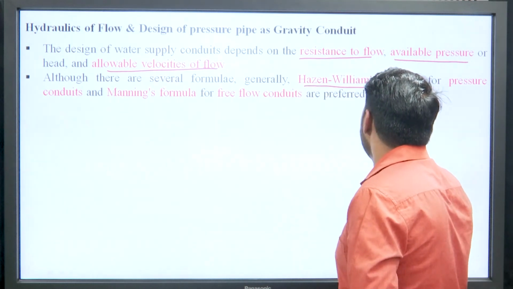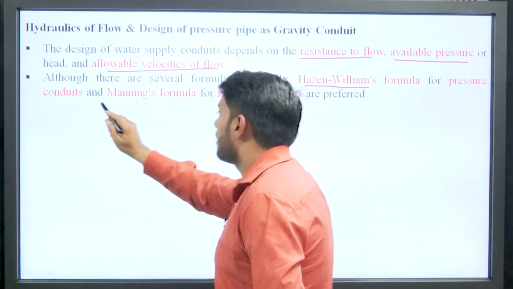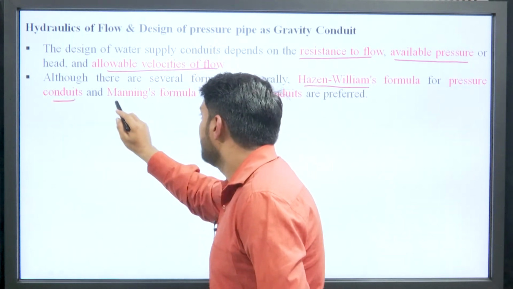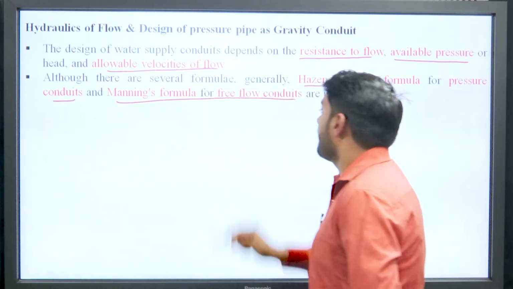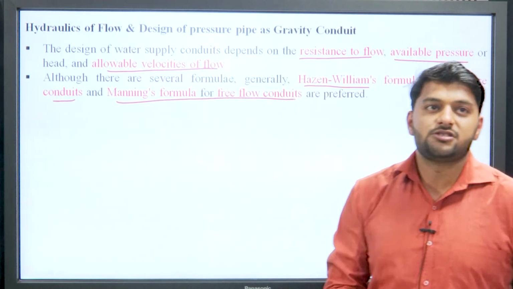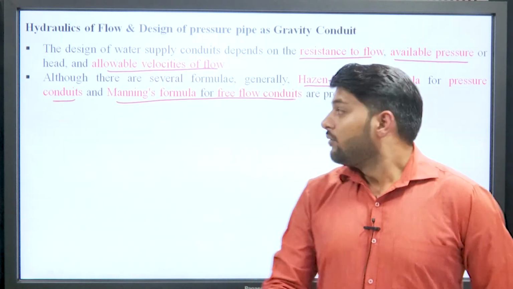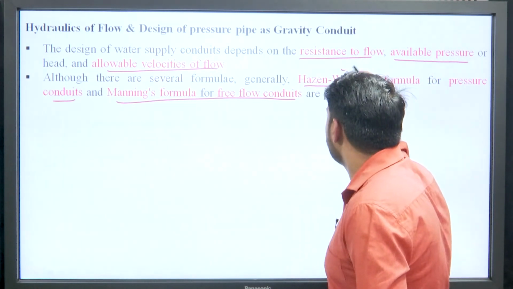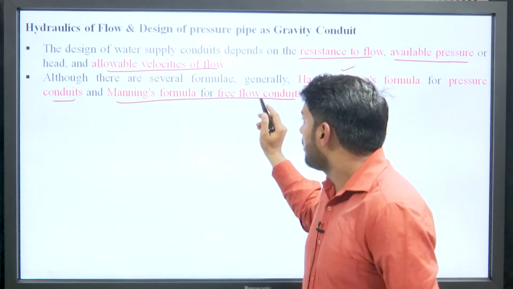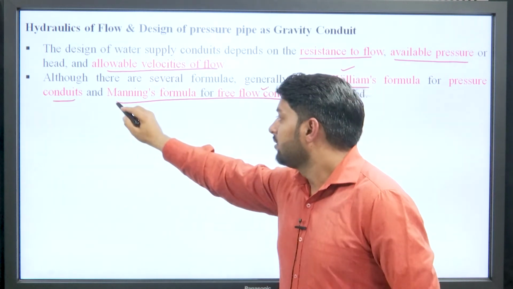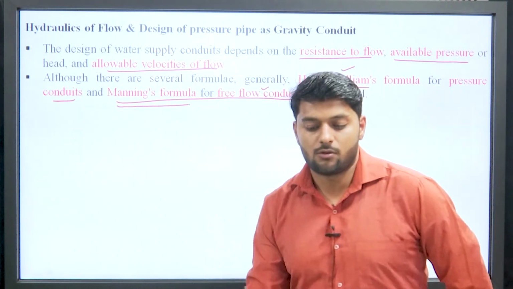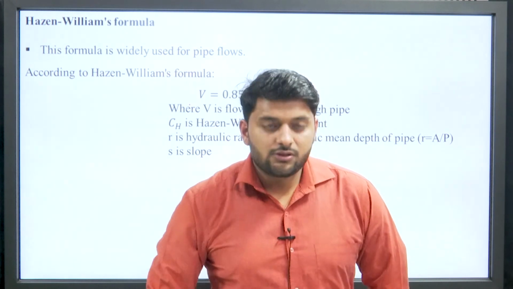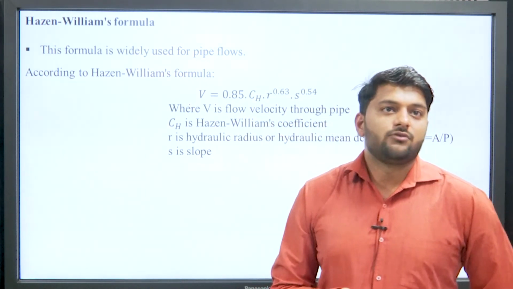First one is the Hazen-Williams formula for pressure conduits and Manning's formula for gravity conduits. When we are going to design a pressure conduit, we will prefer the Hazen-Williams formula, and for design of a gravity conduit we will prefer Manning's formula. Okay. Next one is, what is the Hazen-Williams formula?